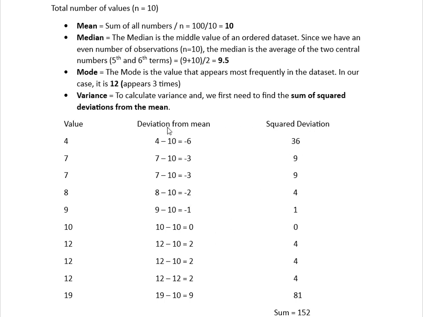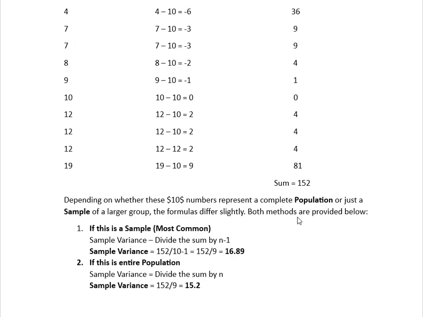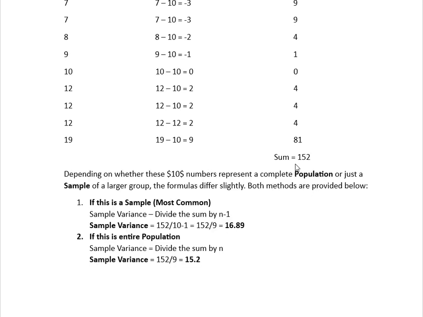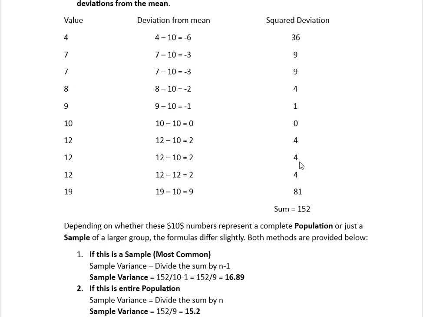Then the square of deviation, whatever deviation I get here, I did the square. -6 squared is 36, -3 squared is 9, -3 squared is 9, -2 squared is 4, -1 squared is 1 and so on. And I find the sum of the squared deviations, which is 152. So first take all the numbers, then number minus the mean value, then square the deviation and find the sum.